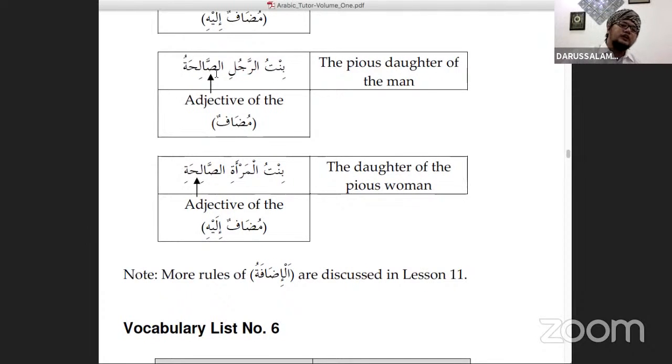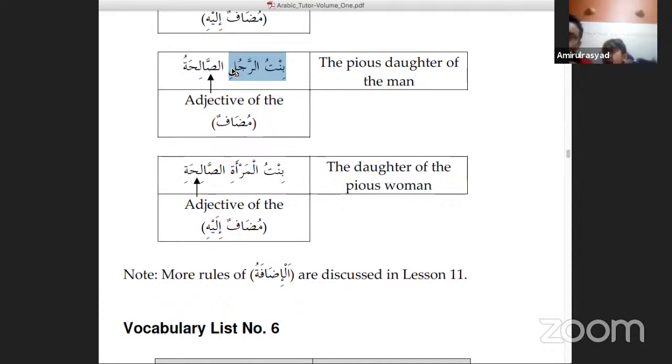Bintur rajuli as-salihatu. Okay, try translate first. Bintur rajuli, translate that. Daughter of the man. The daughter of the man. Very good.